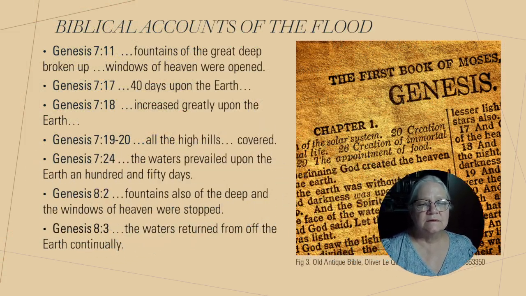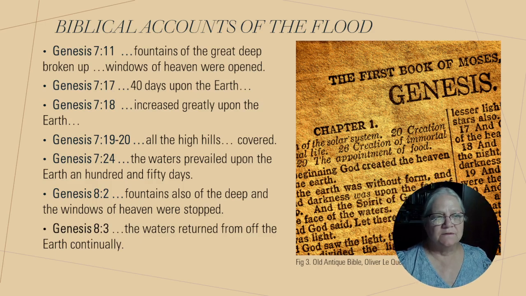So the criteria that I'm going to use today for deciding which one of these theories best supports the Bible, we first must go to the accounts in the Bible of the flood. Genesis 7:11, foundations of the great deep broken up, windows of heaven were opened. Genesis 7:17, 40 days upon the earth, that's 40 days of rain.